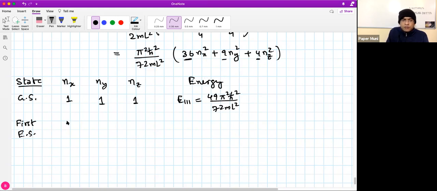So we'll keep nx as 1, ny as 1, and we'll change nz to 2. This is the next state.